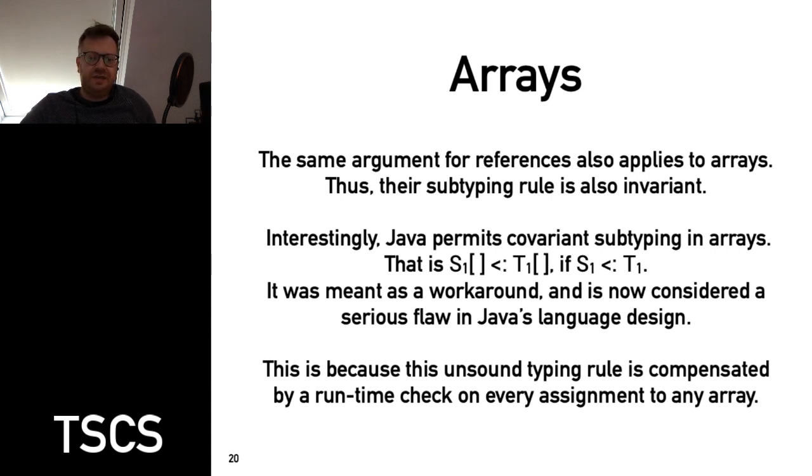What people do is they do runtime checks on every assignment to any array, which, as you've just learned, can be pretty costly. They did some tricks to make that more efficient, of course, but it's not very elegant, and they had to do these tricks to actually be at least somehow performant.